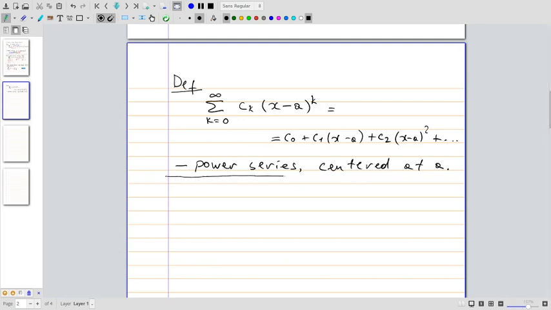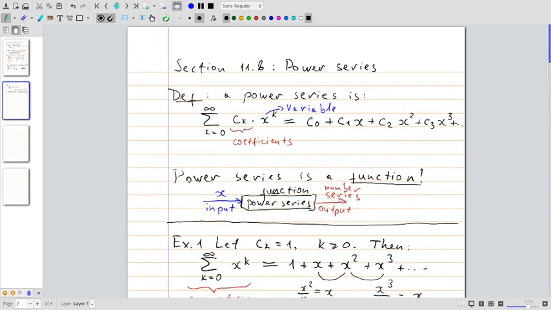Okay, so let me give you another example to show the relation of a power series to polynomials. What is the connection between power series and polynomials? Because if you just look at this expression naively, it seems almost like an infinite polynomial. Maybe it's more transparent if you look at the first definition.